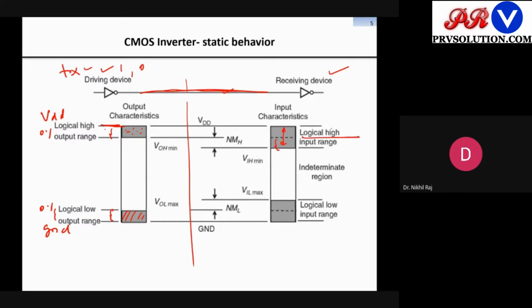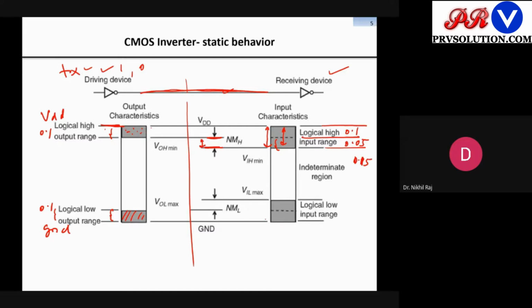If this was my original tolerance of 0.1, and let's say 0.05 is the additive noise which comes into the picture, my complete logic swings from here to here. Previously it was 0.1, now it is 0.15. So whatever the deviation is, from this level to this level, this is the deviation that occurred.